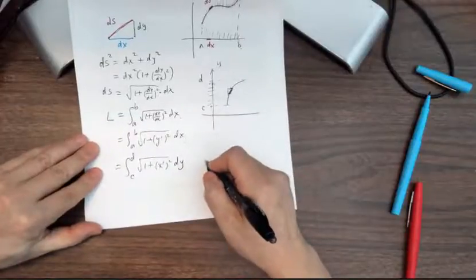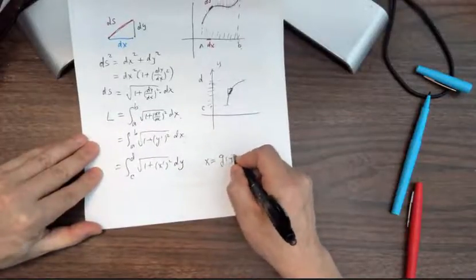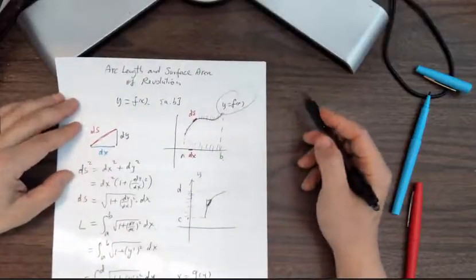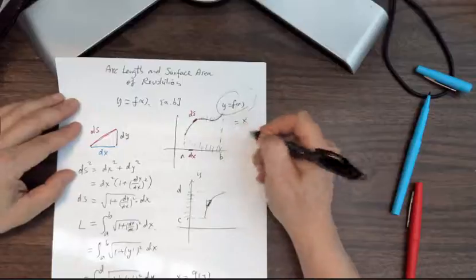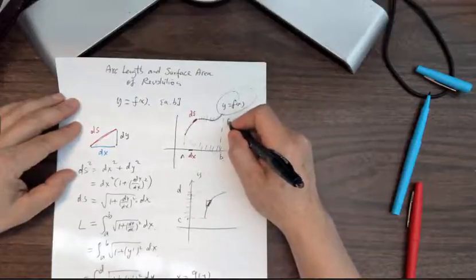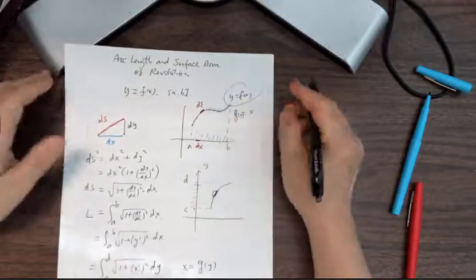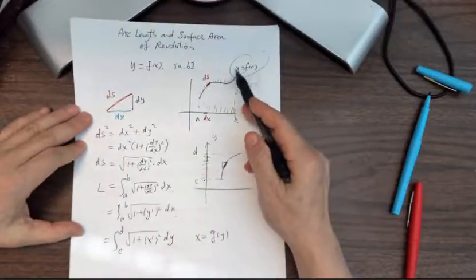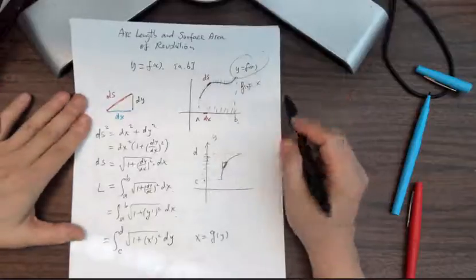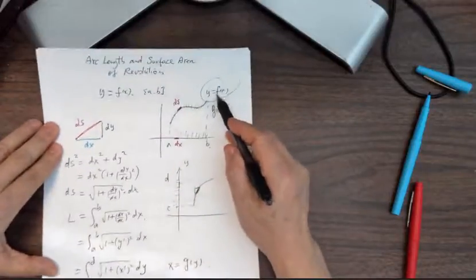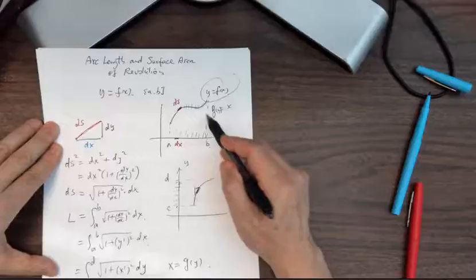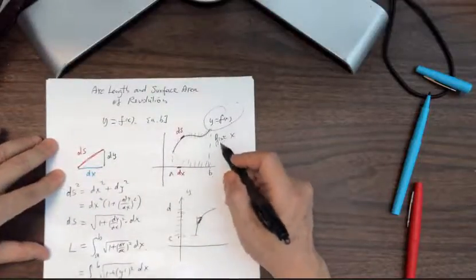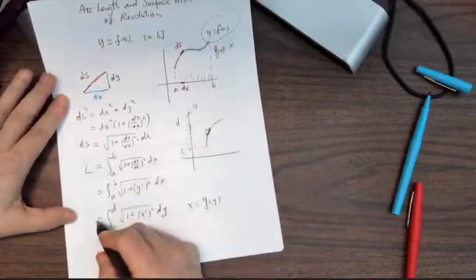X is a function of y. So if you start with y equal to f of x, what you do is just solve for x. In other words, if the function somehow is not differentiable somewhere, you try to solve for x, and try to think of this as a function of y. So you can use this formula.